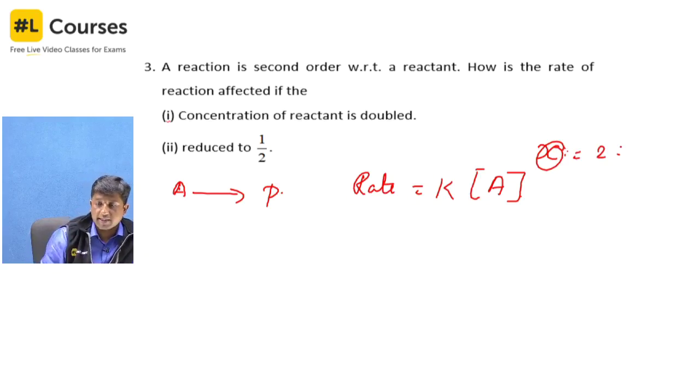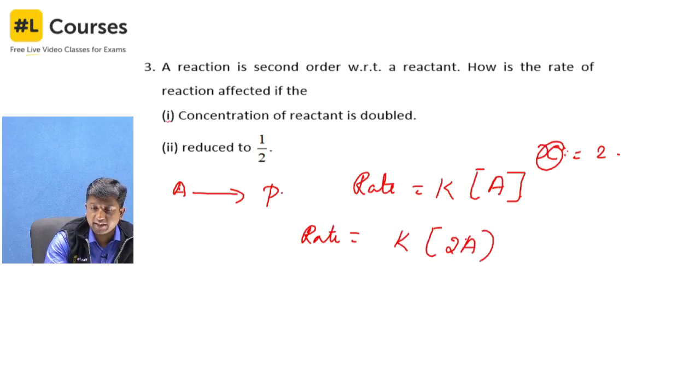Now in the problem they have asked, how is the rate of reaction affected if the concentration of reactant is doubled? Let us write rate will be equal to K into, we are doubling the concentration of reactant, that is A becomes 2A, and X is equal to 2, that is the order.